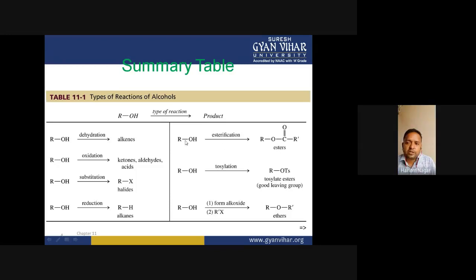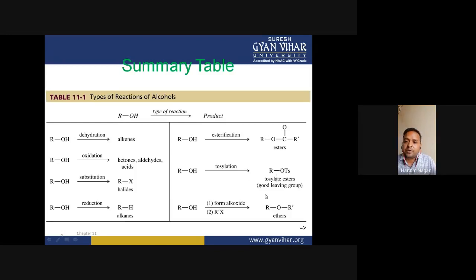In the esterification reaction, there is addition of carboxylic acid with the alcohol, so this product is called carboxylate ester. Since in tosylation there is addition of the tosyl group to the alcohol, the product is called tosylate ester, means this ester is the ester of tosylate.